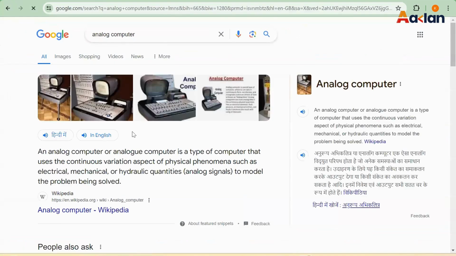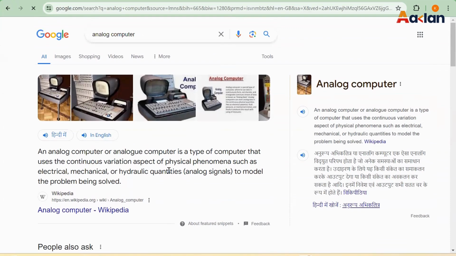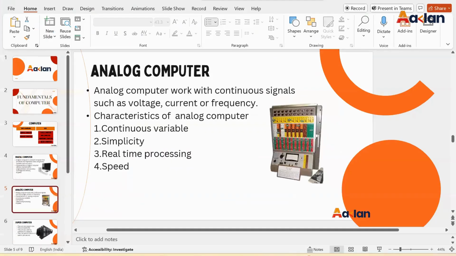So analog computer is a type of computer that uses the continuous variation aspect of physical phenomena such as electrical, mechanical, hydraulic quantities, right? So analog computer looks like that. So we are moving on to the next slide.